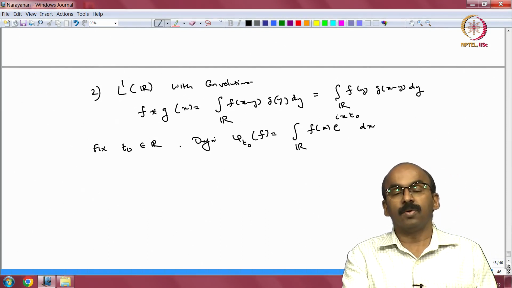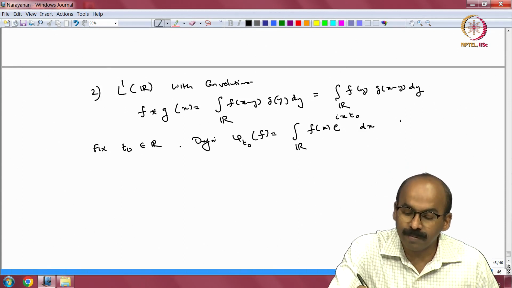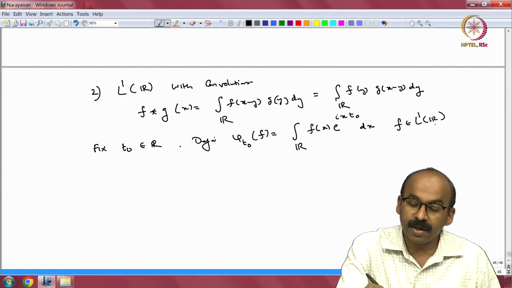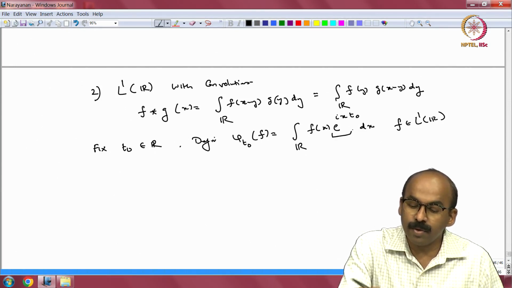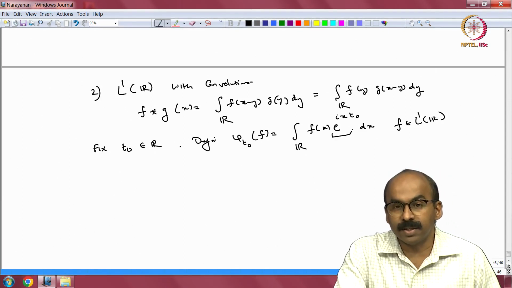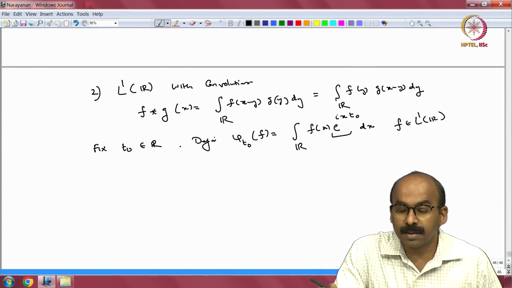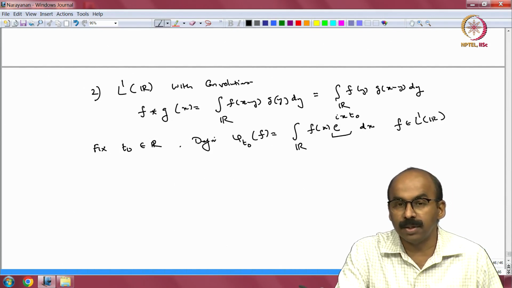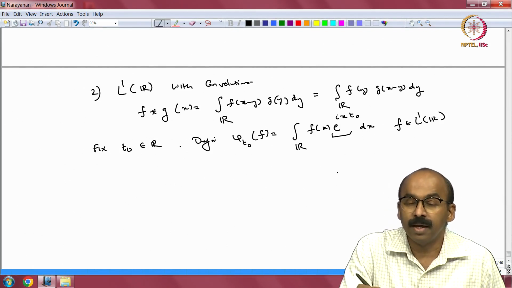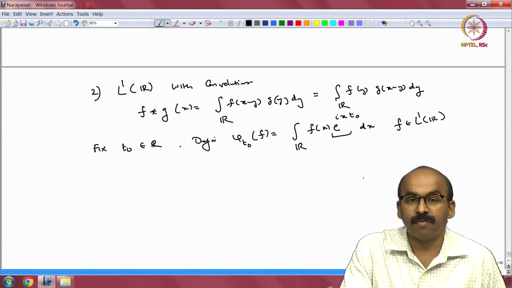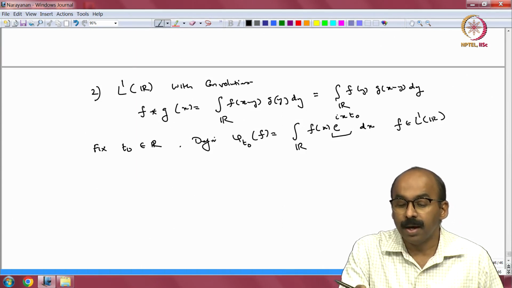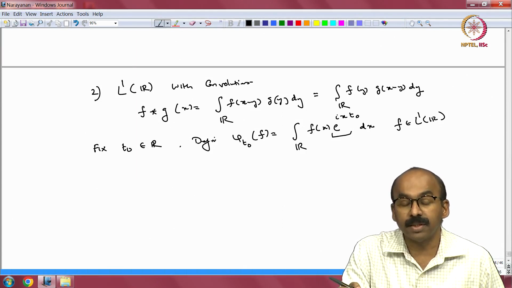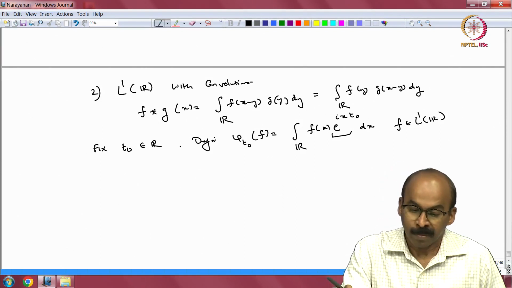Everything makes sense, f is in L1 of R. I am defining a linear functional; e to the i x t naught, with x running over the real numbers, is a bounded function, its modulus is 1. So, this is a perfectly well defined continuous linear functional, f going to the integral over R of f of x e to the i x t naught.